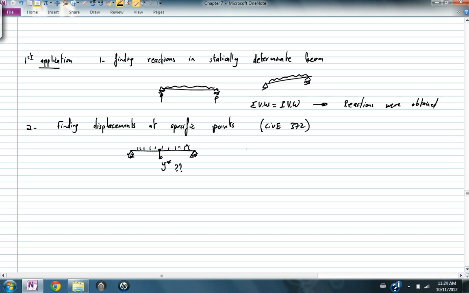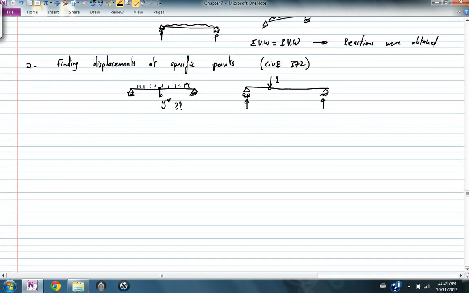What is this displacement? Then I set up a new configuration for the beam. In the new configuration, I put a unit load at this particular point, and I find the reactions, the bending moment, and everything for that new configuration. By applying the principle of virtual work, utilizing the displacement in this configuration as a virtual displacement, and the forces from the other configuration, you write the equation that states external virtual work is equal to the internal virtual work.